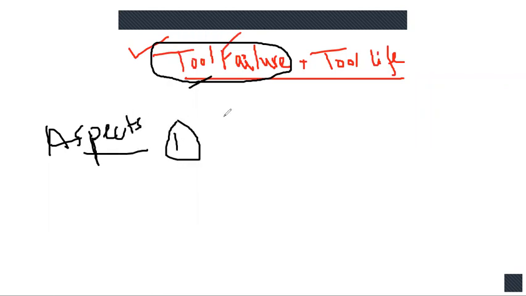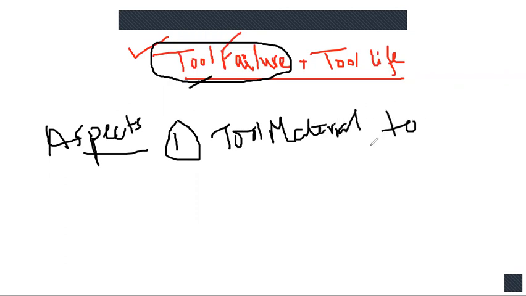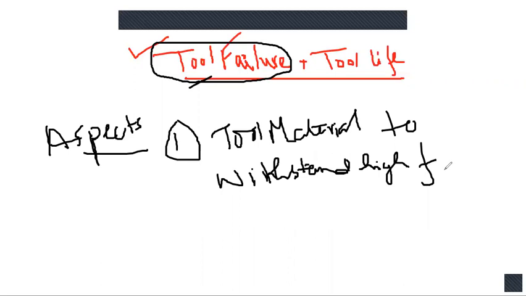One is developing tool material to withstand high force, temperature, wear.